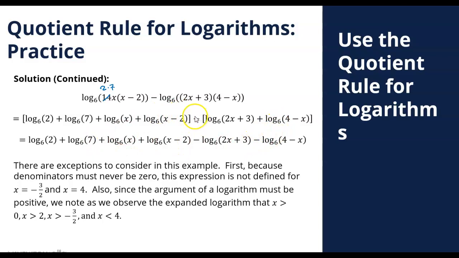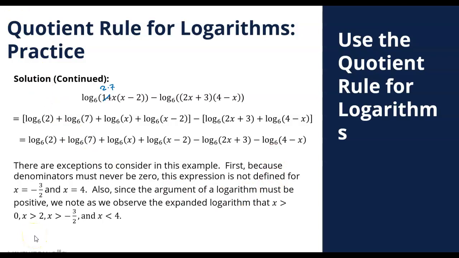Now, to end this one, you just have to remove the parentheses here by distributing this negative sign to each term inside the parentheses. So therefore, the answer here becomes negative log of 2x plus 3 base 6, and this one is negative log of 4 minus x base 6.